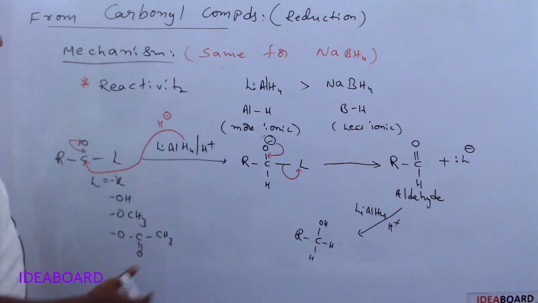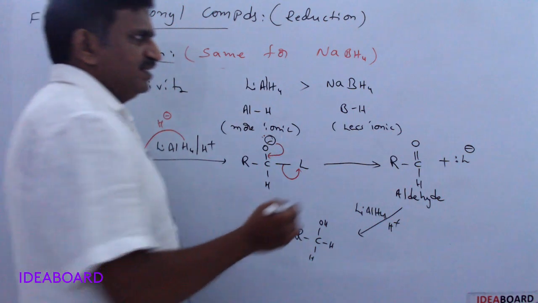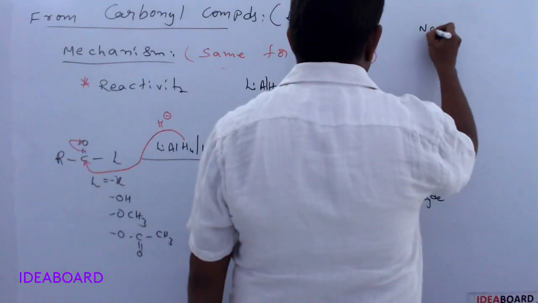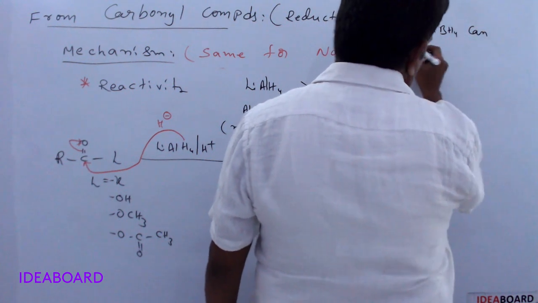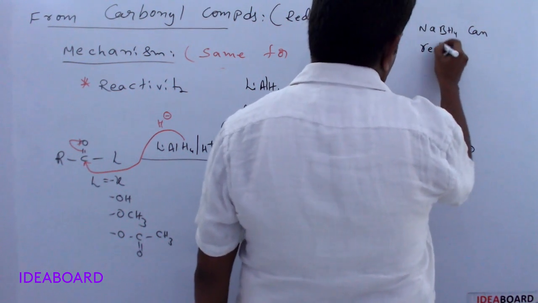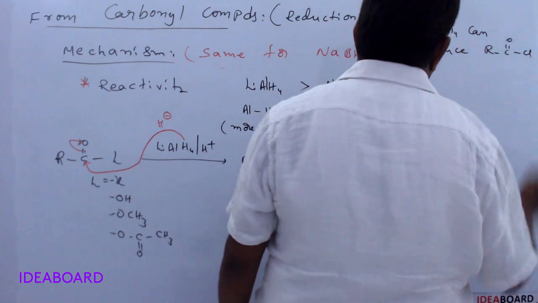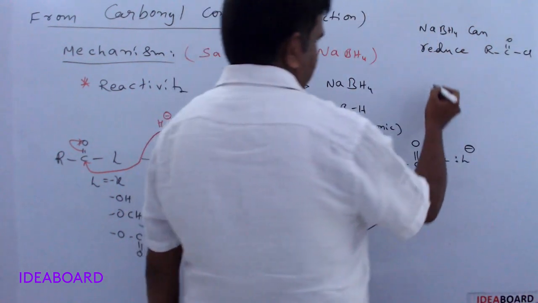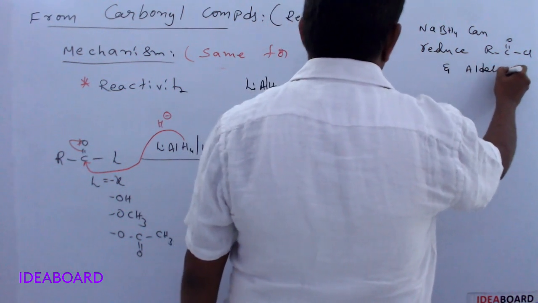That is the reaction. And in this reaction, mainly remember that sodium borohydride, NaBH4, can reduce acid chlorides among the carboxylic acid derivatives, and aldehydes and ketones commonly.